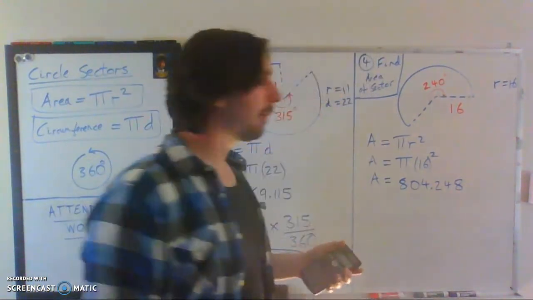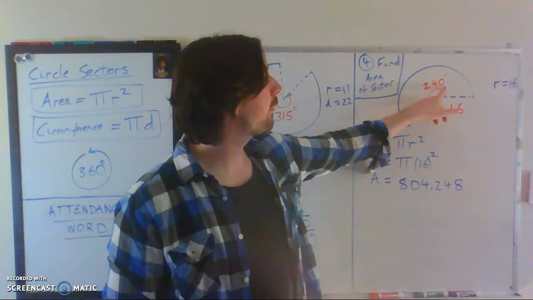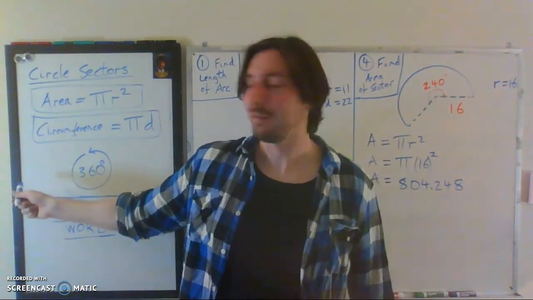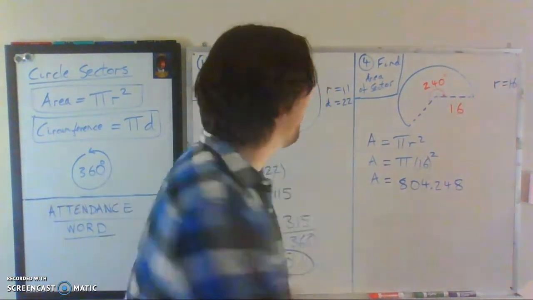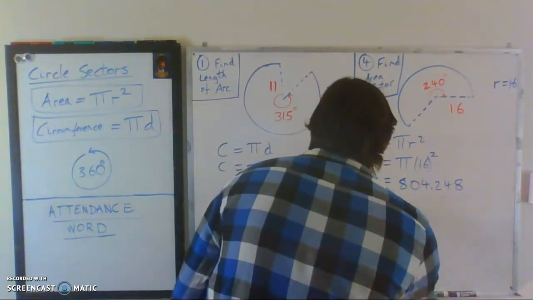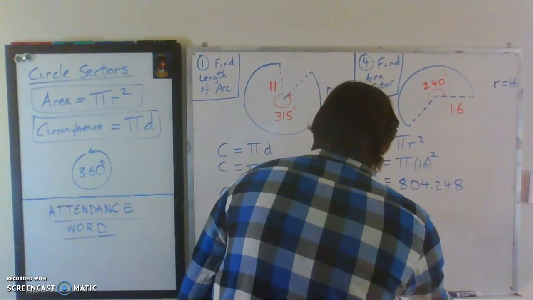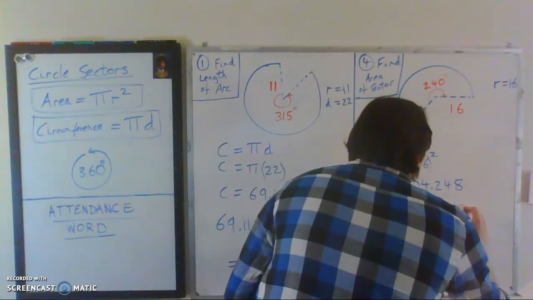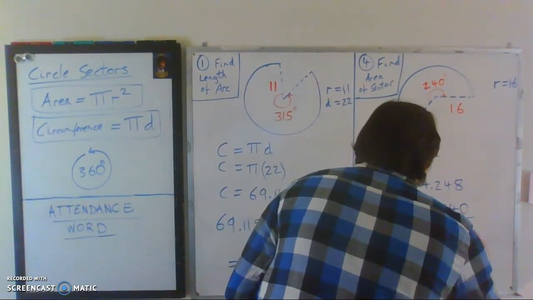So now I've got the area, I'm going to do the same thing. This is 240 degrees, and a circle would usually be 360 degrees. So I'm going to take that number 804.248 and say, what if I multiply that by 240 out of 360?